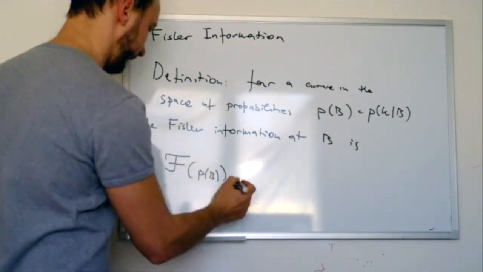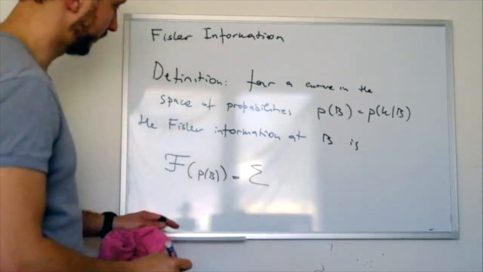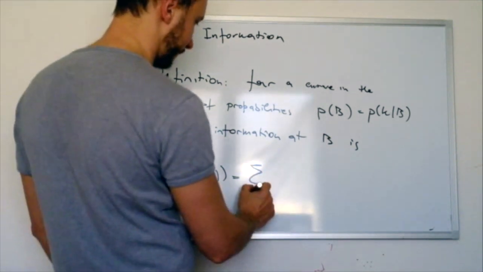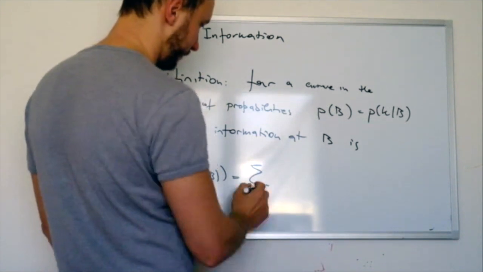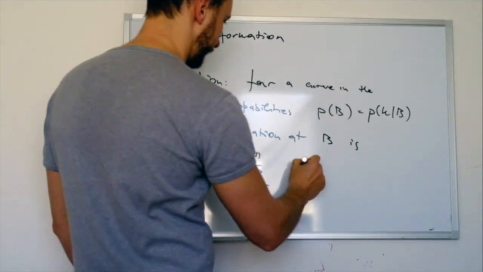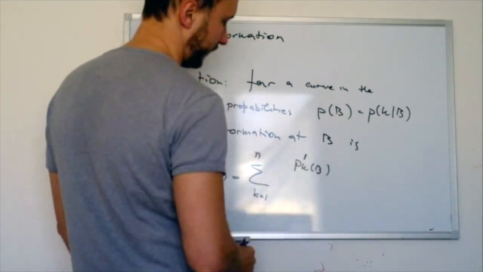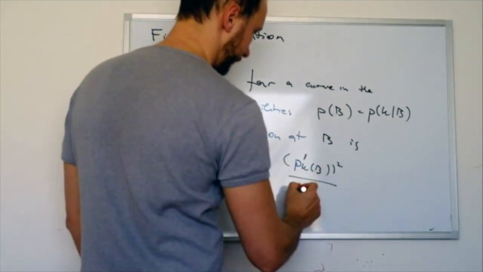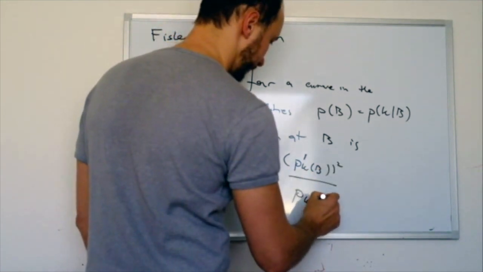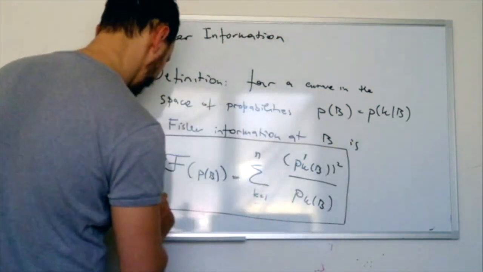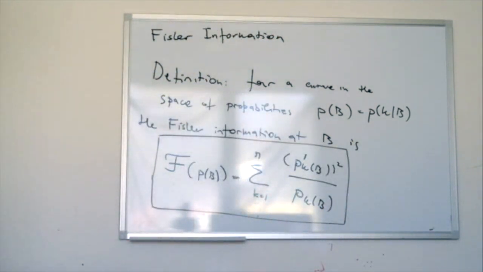This is equal to a sum. Now we considered coins before, and I'll just write exactly the same formula, but with any number of outcomes. So for k equal 1 to n, this will be the derivative of the probability of k, squared, divided by the probability of k at b. Okay, this is just the definition, which we're going to use repeatedly now.